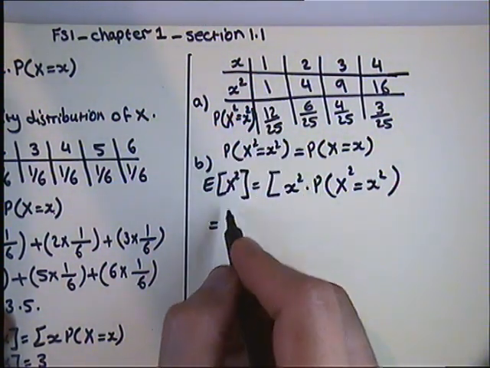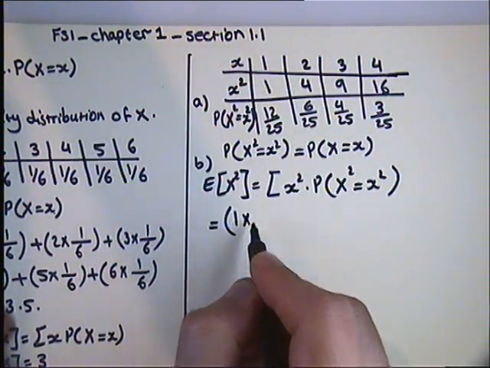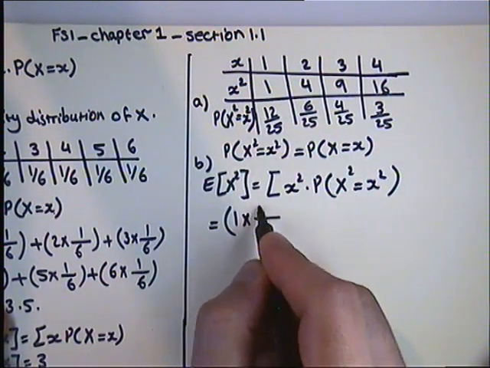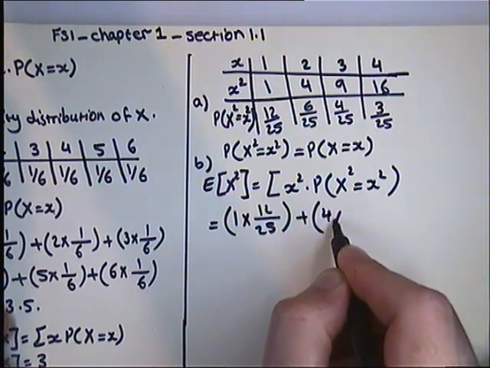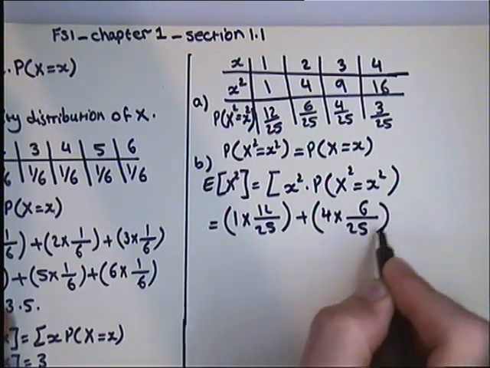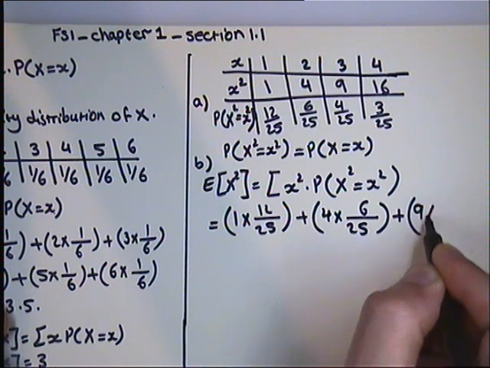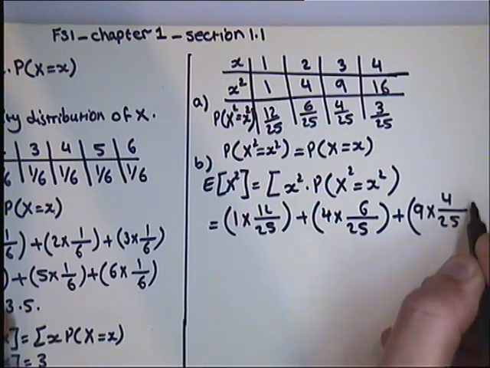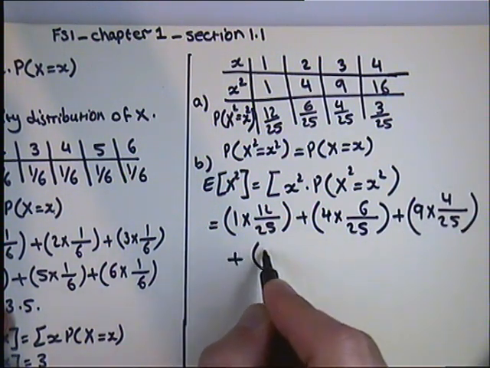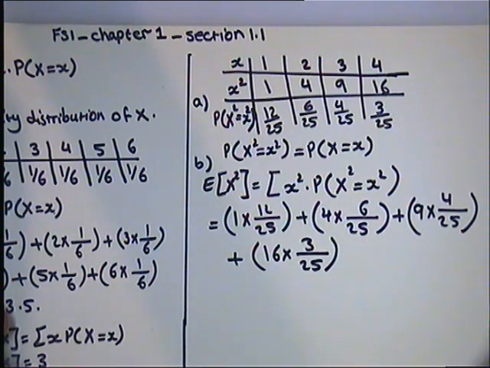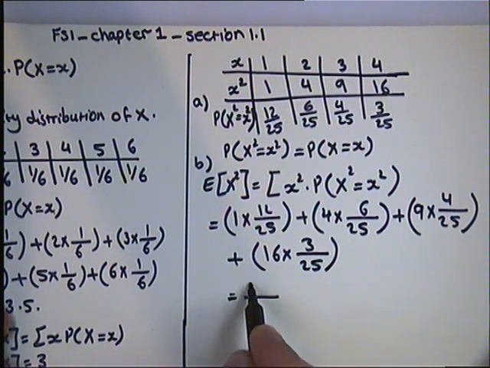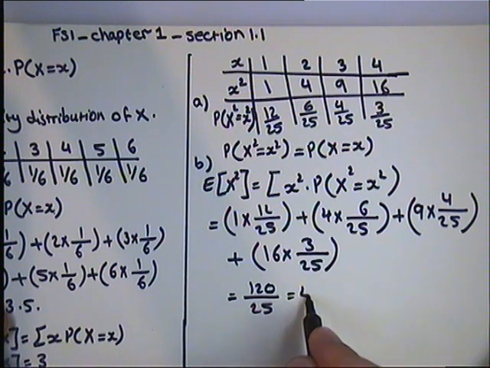What is x squared? 1 times 12 over 25 plus 4 times 6 over 25 plus 9 times 4 over 25 plus 16 times 3 over 25, which adds up to 120 over 25, which is 4.8.